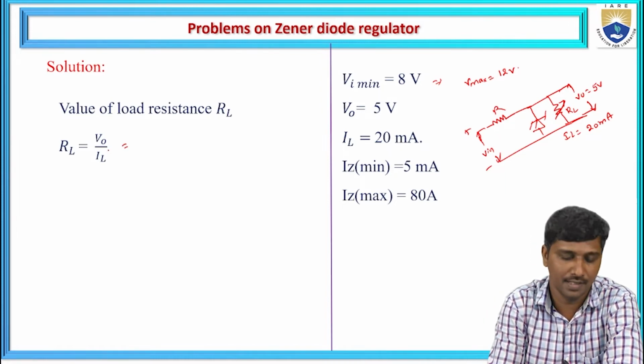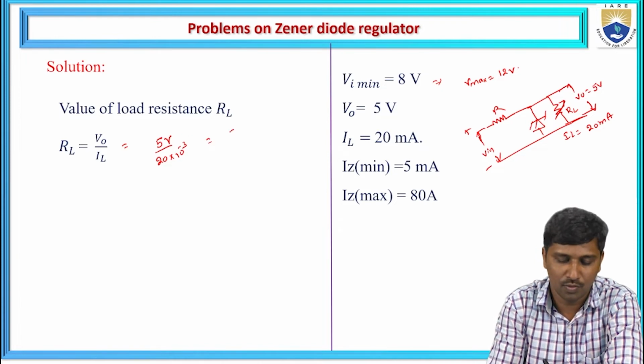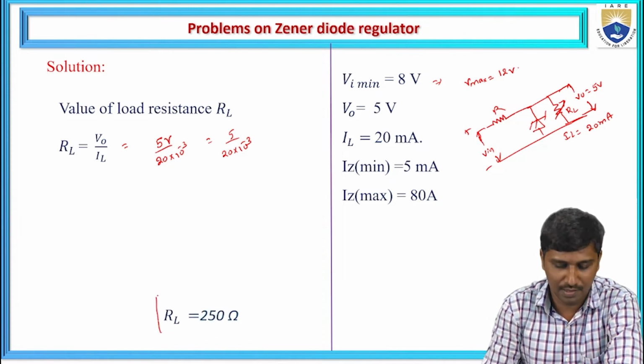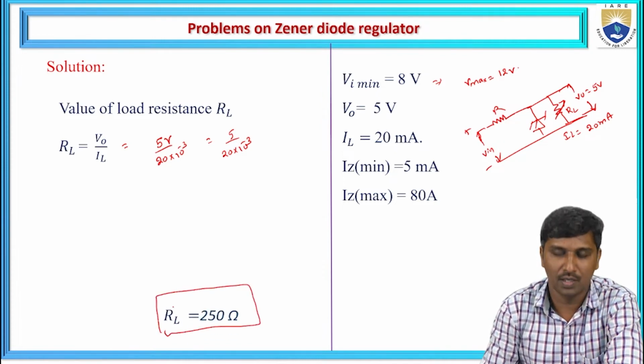Hence it is defined as the ratio of output voltage to the output current. So here V0 is 5 volts and the load current is 20 milliamperes, so 5 by 20 into 10 to the power of minus 3. Then it gives that RL is 250 ohms.